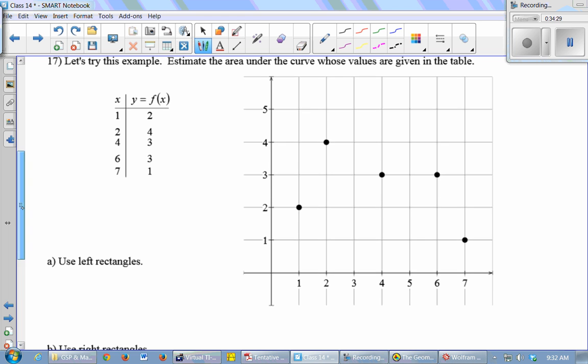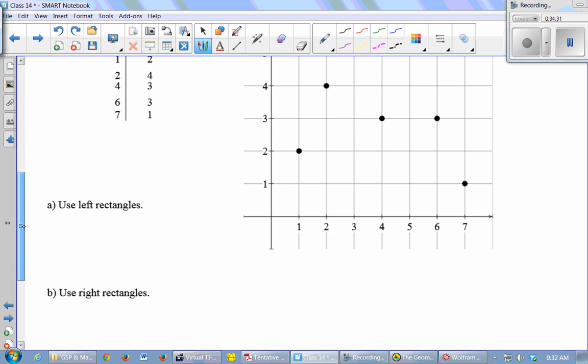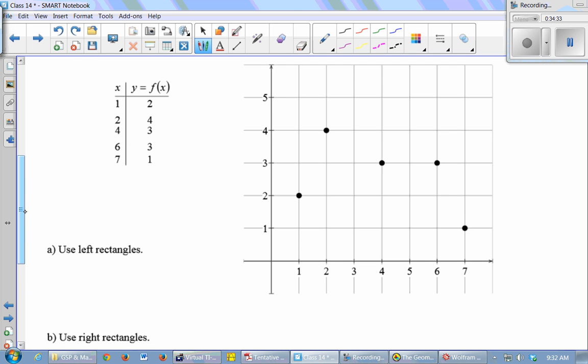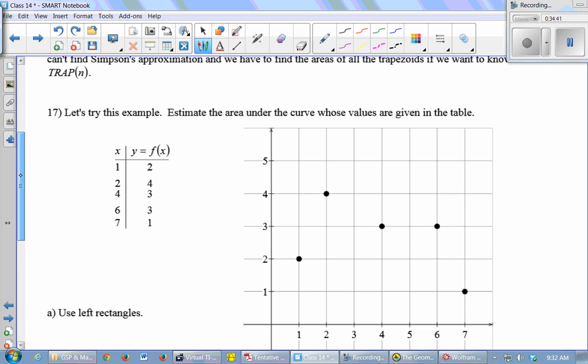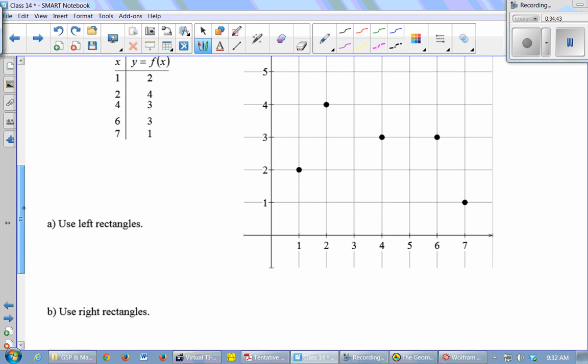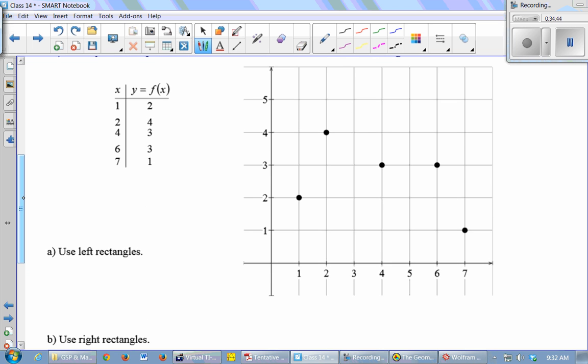But if I want to use left rectangles, and what am I finding? The area under the curve whose values are given in the table. It didn't give me anything about 0, so let's just go from 1 to 7.